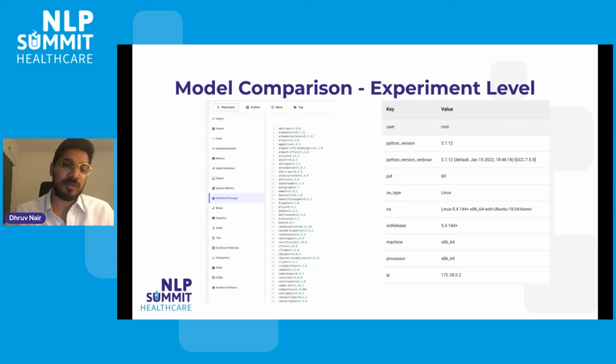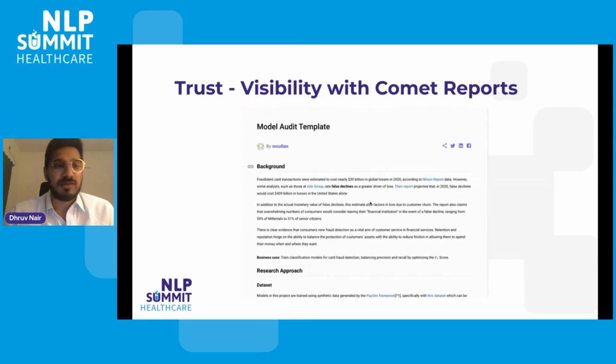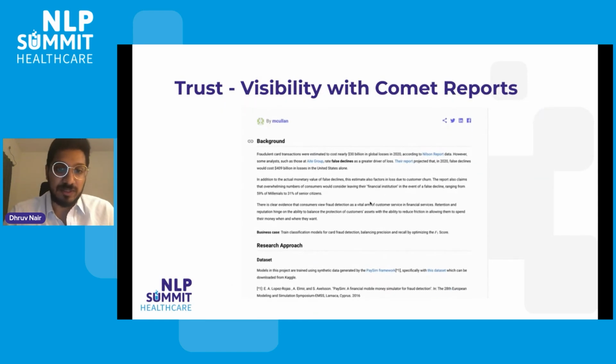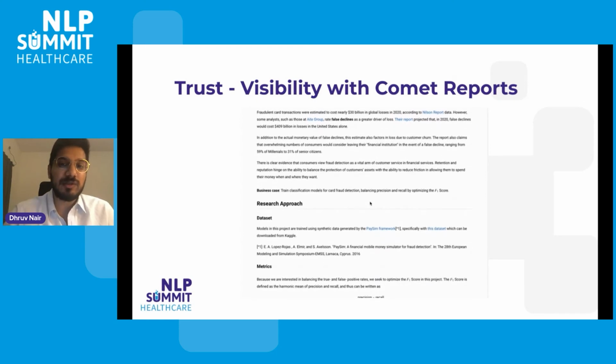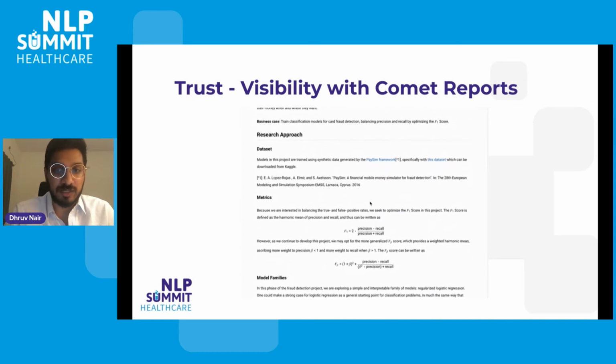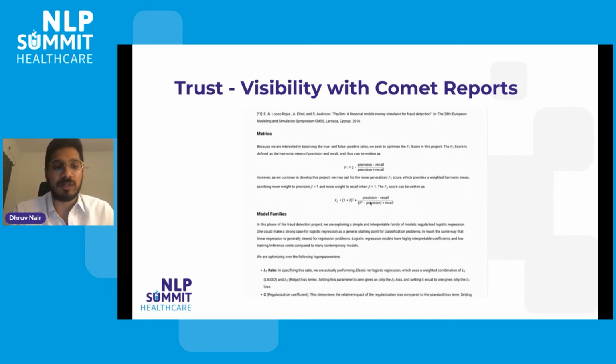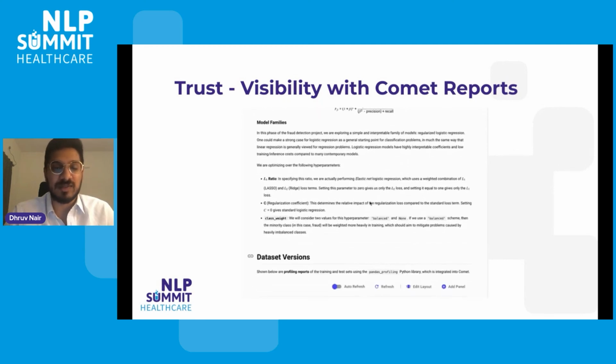So let's move on to the final challenge of trust. We'll start with visibility. In addition to the project page UI, where you can analyze your model data, Comet provides a tool called Reports for summarizing your findings.